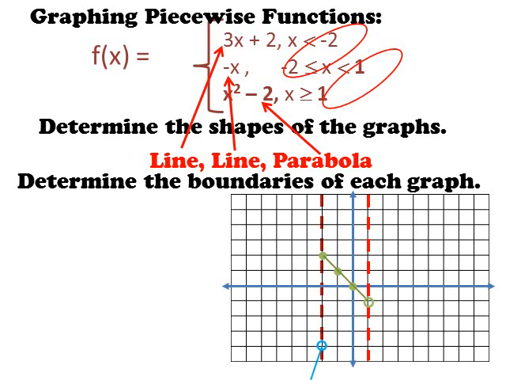Finally, draw the parabola x squared minus 2, whose vertex equals (0, negative 2). I need only the interval x greater than or equal to 1, so I remove the part less than 1. Finally, this is the graph of the three functions in the piecewise function.